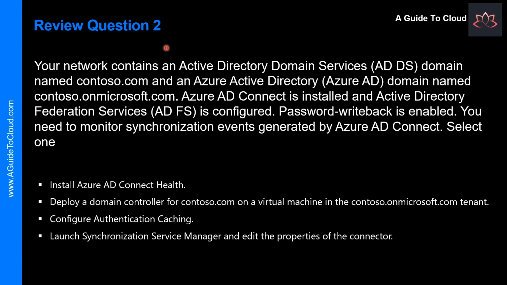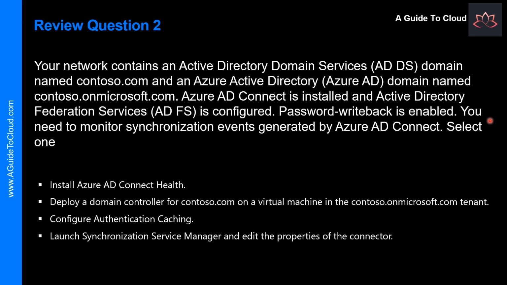Your network contains an Active Directory Domain Services, or ADDS, domain named conterso.com and an Azure Active Directory domain named conterso.onmicrosoft.com. Azure AD Connect is installed and Active Directory Federation Service is configured. So you have the ADFS setup as well.